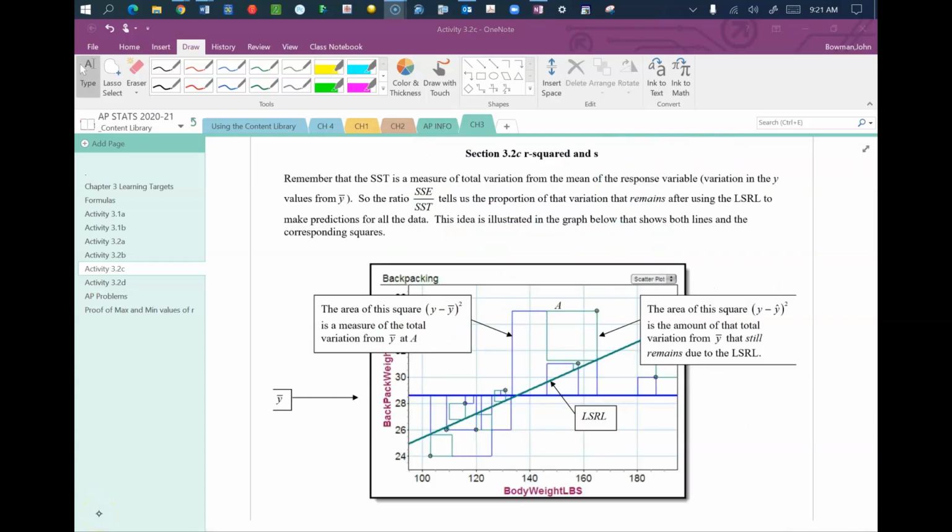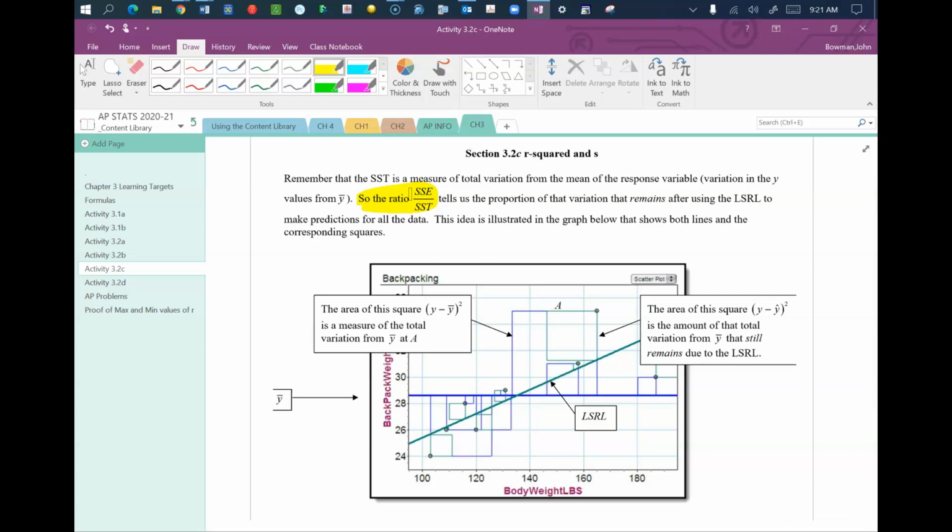So now in this next diagram on the next page, things start getting pretty complicated if you're looking at the diagram, but we've broken this down into two parts: the sum of the squared total deviations from the mean and the sum of the squared errors, or the part of the deviation from the mean that cannot be predicted by the line of best fit. So we're going to find the ratio of SSE, the sum of the squared errors, over the sum of the squared totals.